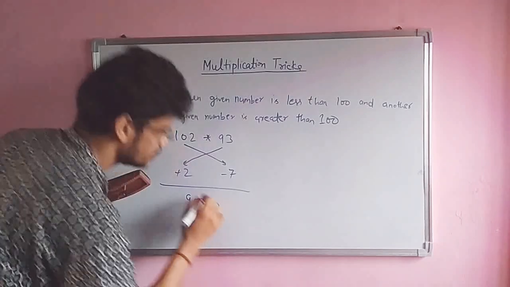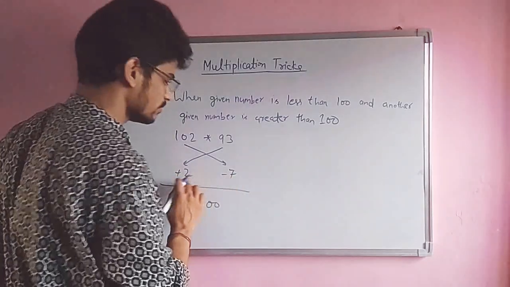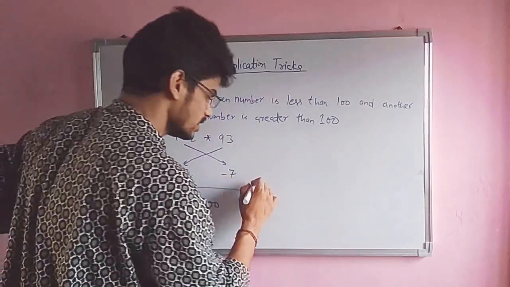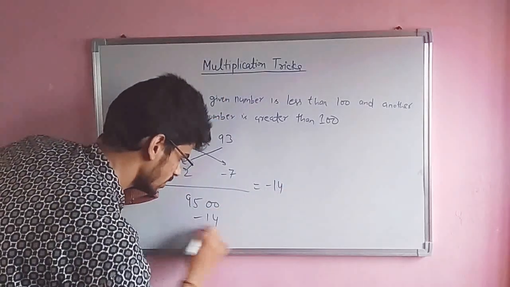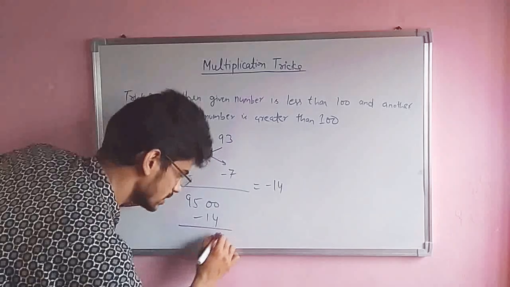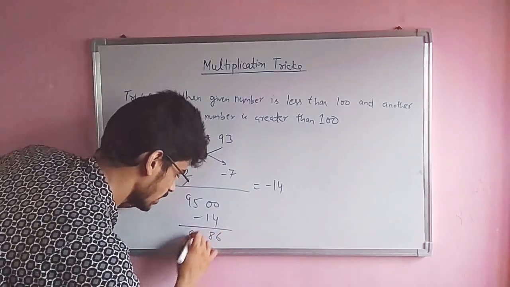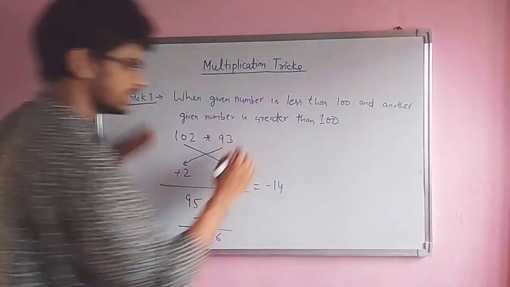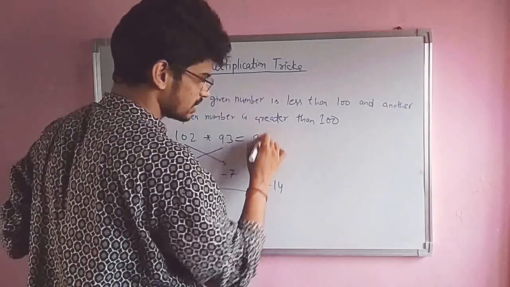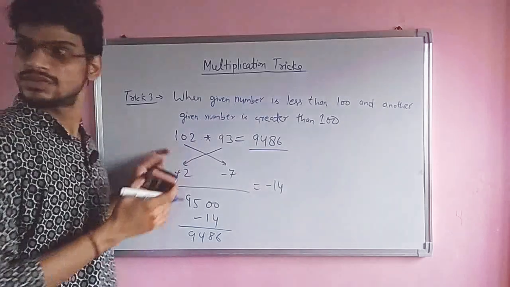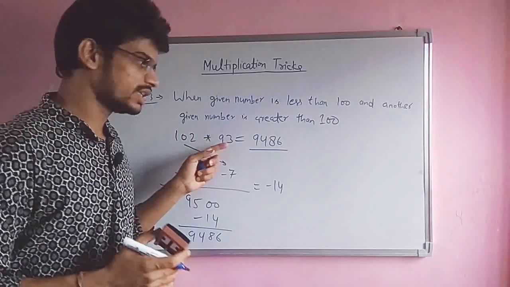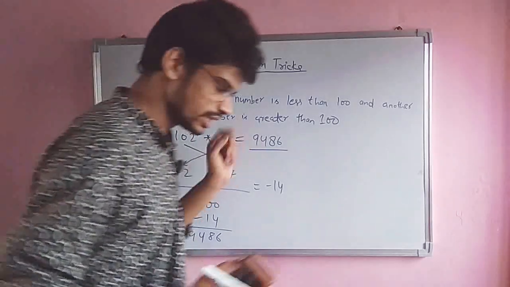Add 2 zeros because the multiplication of plus 2 into minus 7 is minus 14. Subtracting 14 from 9500 gives 9486. 102 multiplied by 93 is 9486.